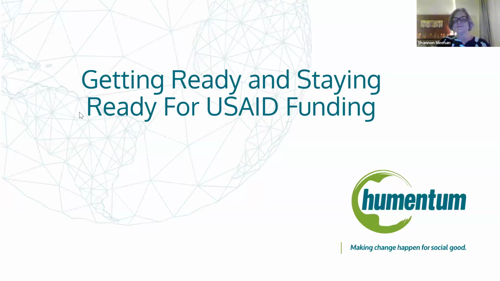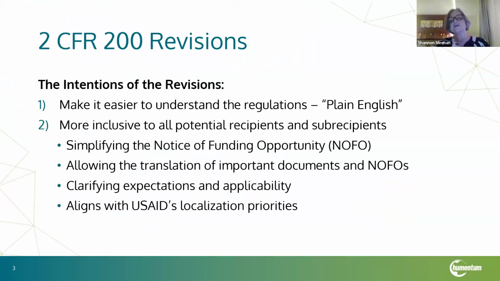So recently, many of you may have heard that 2 CFR 200, which are the uniform requirements for the US government regulations for grants and cooperative agreements, have gone through some significant revisions. It's really important to understand the intention of the revisions, and then I'll give some highlights.